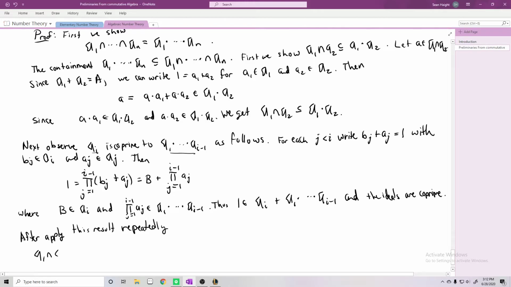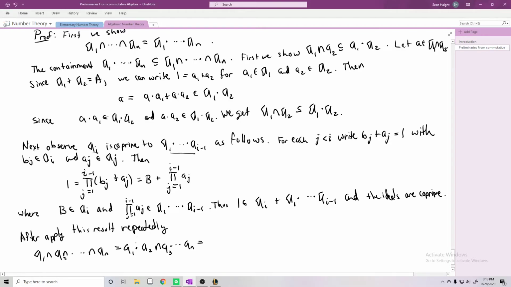If I take this intersection, I know that the intersection of the first two is equal to the product of the first two, intersect a3 through an.